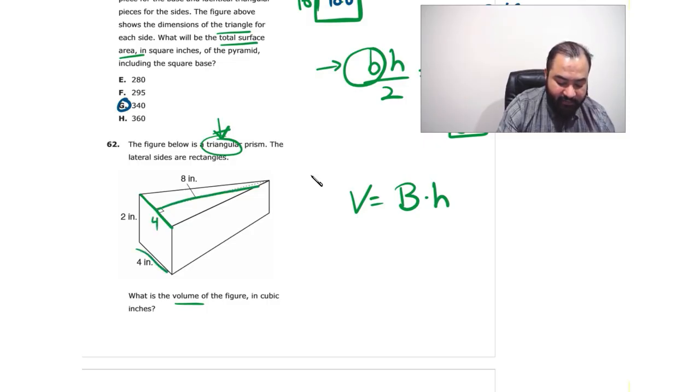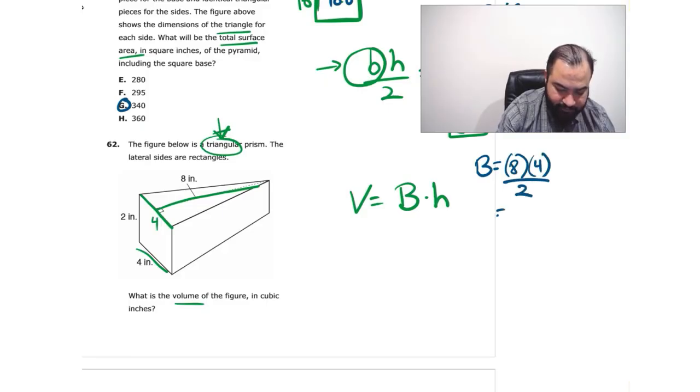So if you want to find the area of the base, capital B is equal to 8 times 4 divided by 2. So that's 16. So we got it that area of the base is 16.